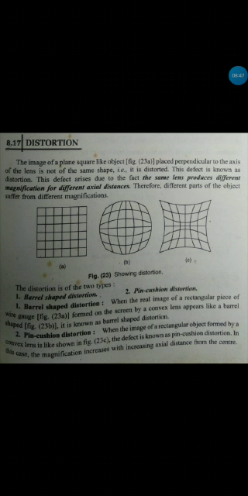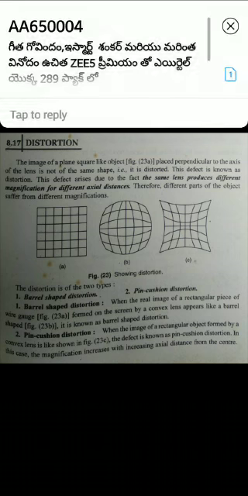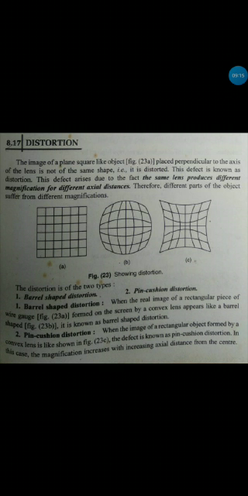That means the object is figure A. Due to that object, the barrel shaped distortion image is found in figure B. Now, if the image formed is in the form of a pincushion, when the image of a rectangular object is formed by a convex lens like in figure C, the defect is known as pincushion distortion.